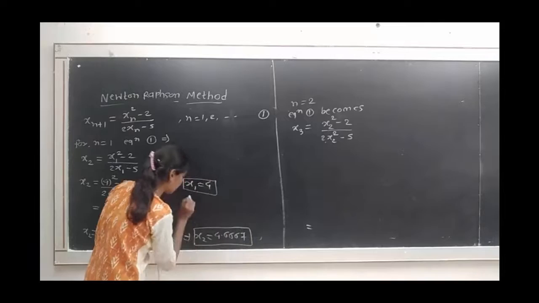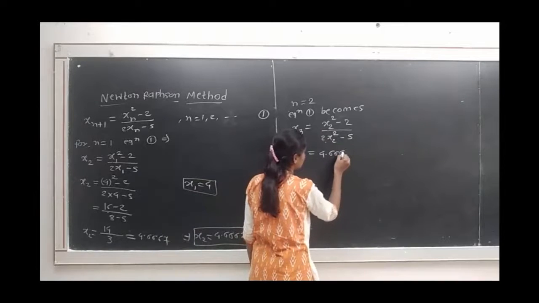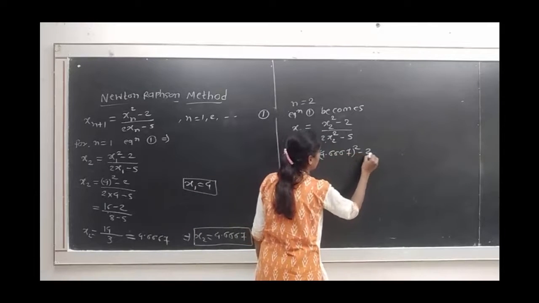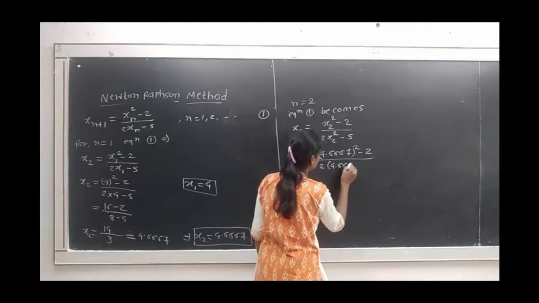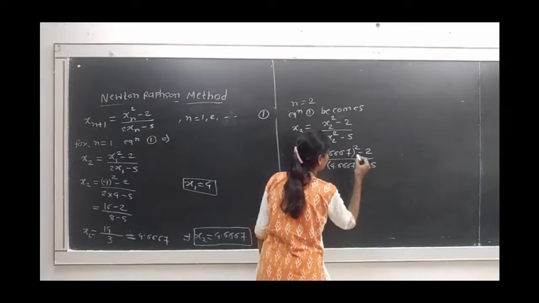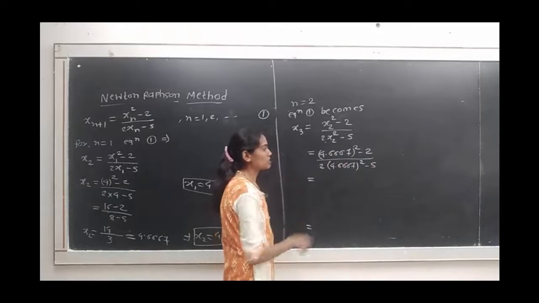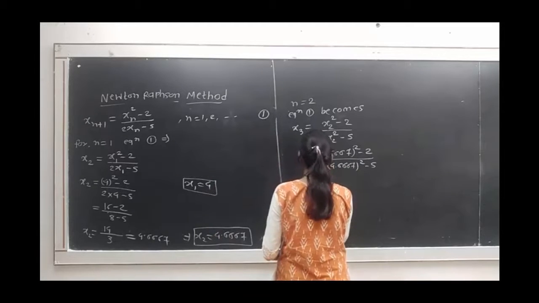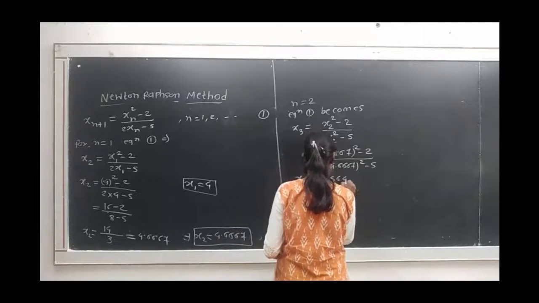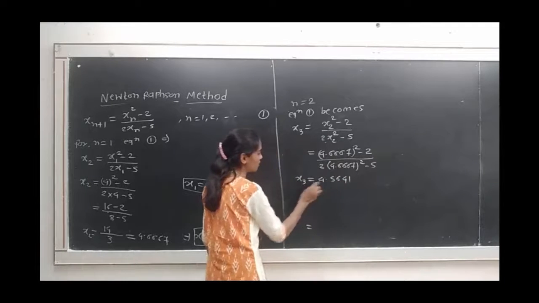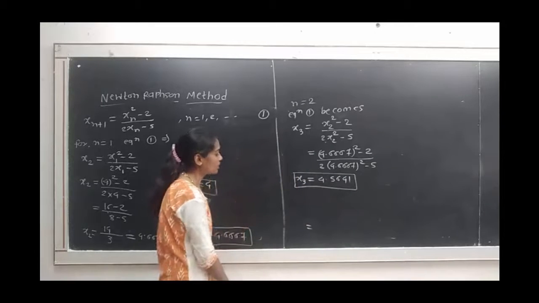This is the second approximation. We put this value here, we get (4.6667 square minus 2) divided by 2 in bracket (4.6667 square minus 5), and after this calculation in the scientific calculator, x3 is equal to 4.5641, the next approximate root for the given equation.